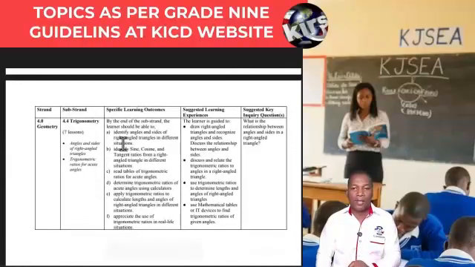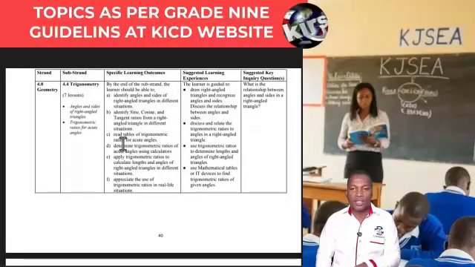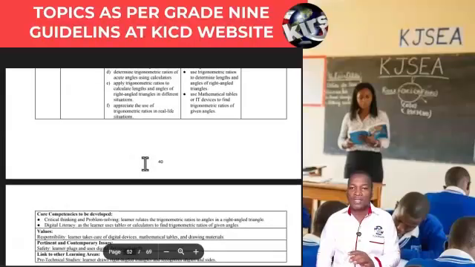I also spoke about trigonometry, and these are the details: identify angles, identify sine, cosine, and tangent ratios from a right-angled triangle, read tables of trigonometric ratios for acute angles, determine trigonometric ratios, apply trigonometric ratios to calculate lengths and angles of right-angled triangles in different situations, and appreciate the use of trigonometric ratios in real-life situations.